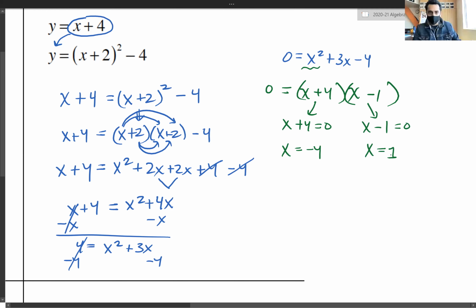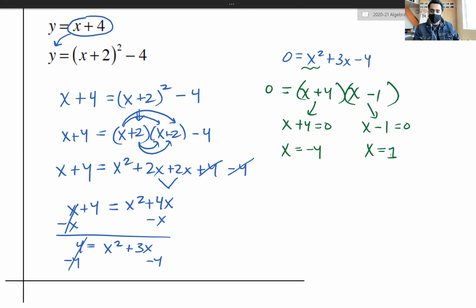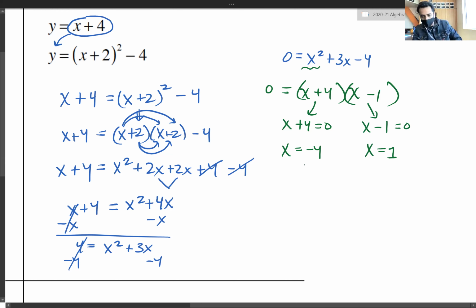Now, would we say we're done here, that we found our solutions for x, so we're done? What else would we need to find? Wouldn't we need to find the y value for these x values?